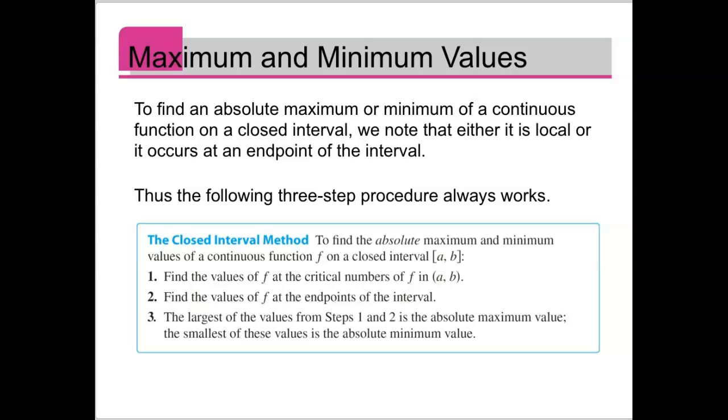And basically you can find where your function attains its extreme values using this method. So find the critical numbers of f in the open interval a and b. This just involves taking your derivative and setting it equal to 0 and solving.